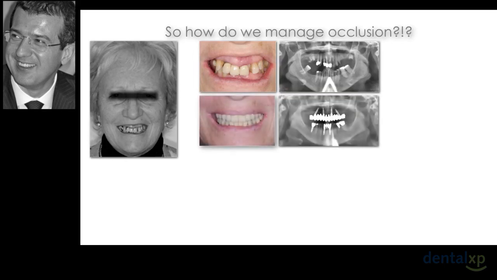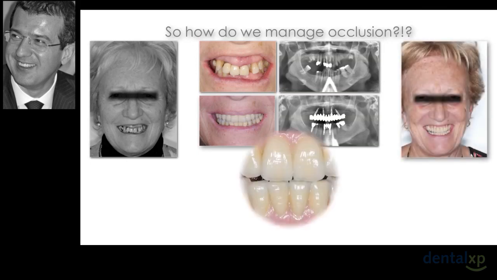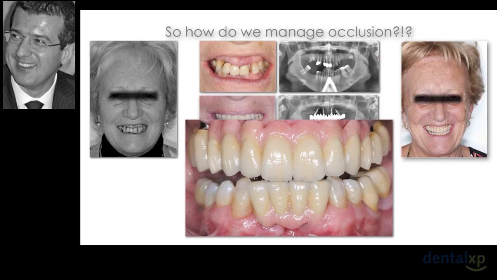Actually, we manage the occlusion in larger rehabilitation exactly the same way that we manage occlusion in larger rehabilitation in conventional prosthodontic treatments. We have to rebuild everything of the occlusion of these patients. So we have to work for a long time with provisionals.